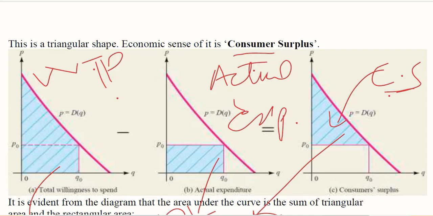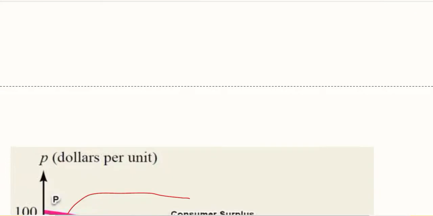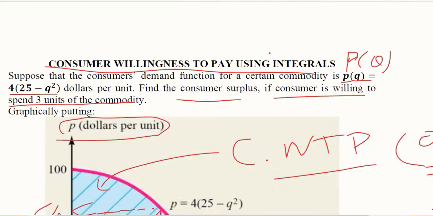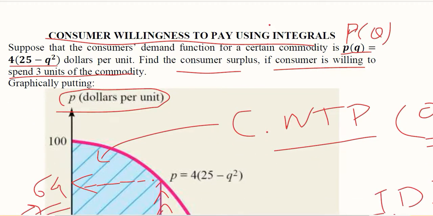And this was done by using the formula of definite integral, and simply by using the formula for the area of a rectangle. So definite integrals can help us to find out something significant in consumer theory.